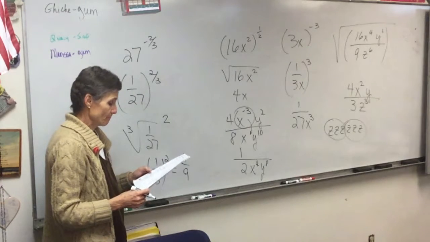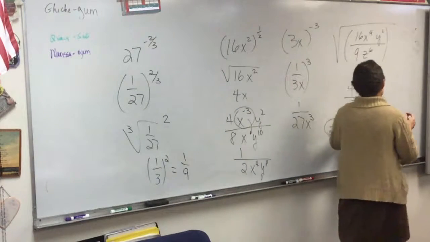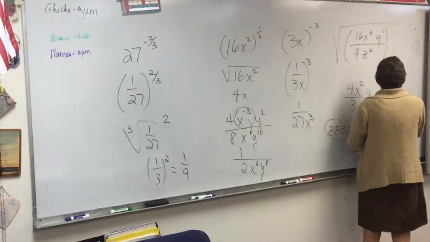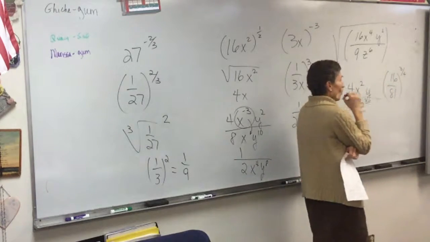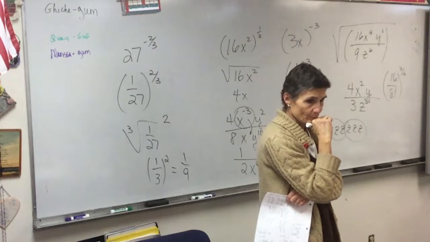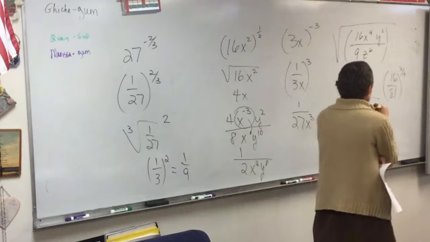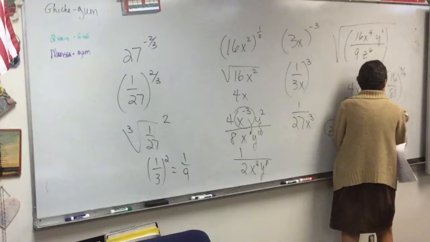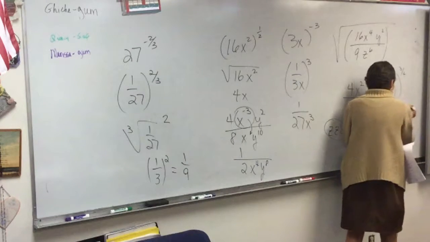What's the next one? 14? Oh, that was kind of easy. No negatives, no flipping, no fancy stuff. What does an exponent of 3/4 mean? 4th root cubed. So I'm going to take the 4th root of 16/81 and I'm going to cube it.